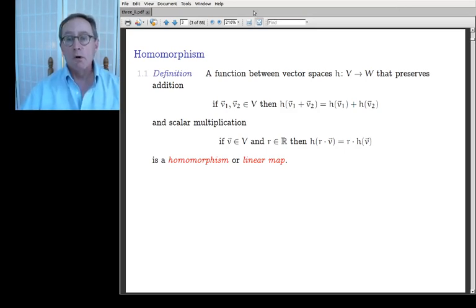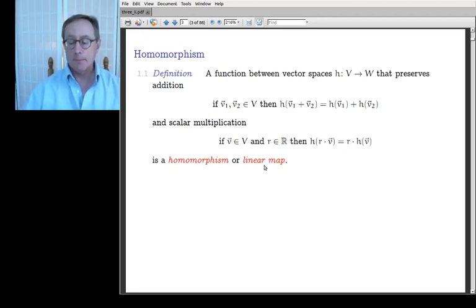So the definition of a homomorphism is a function between vector spaces that preserves addition, and of course we've seen the preserves addition definition before, and preserves scalar multiplication, and again we've seen that before. It's called a homomorphism or a linear map. Those two terms are both very widespread, and I'll try to, maybe not strictly, alternate from one to the other, but often use one and often use the other.